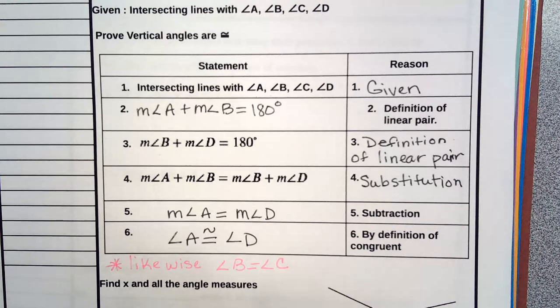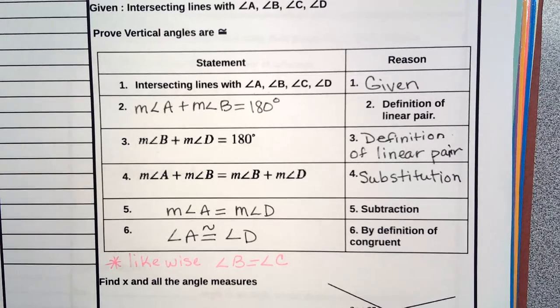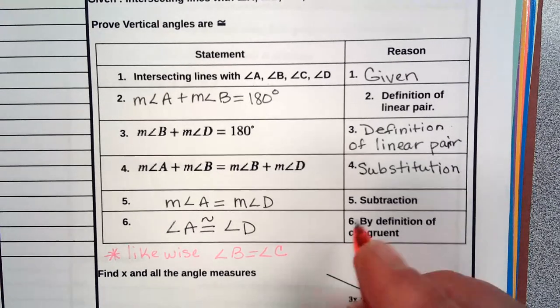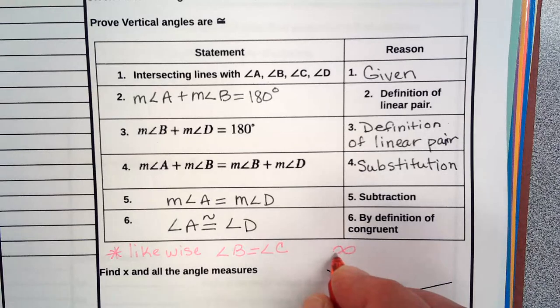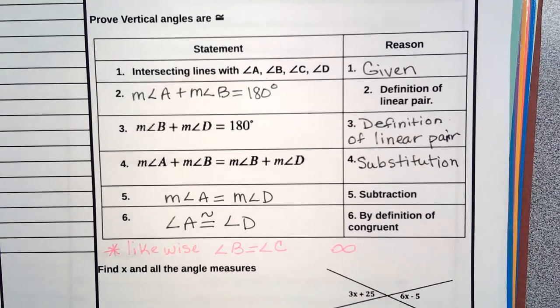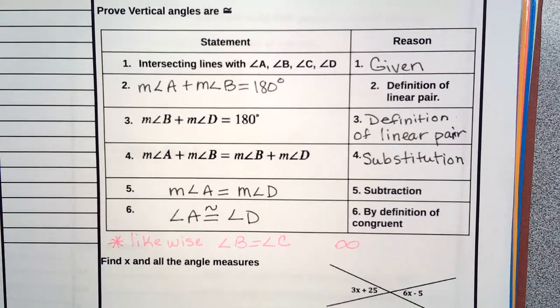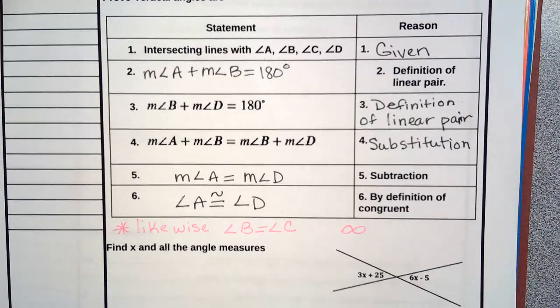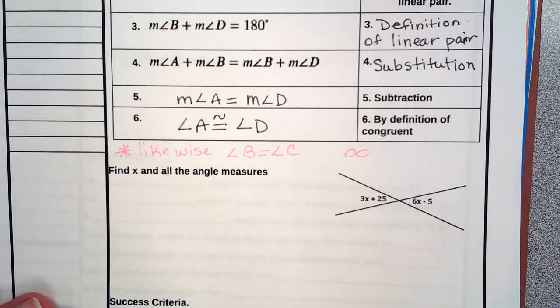Or we can just say likewise for angle B will be congruent to angle C. I'm going to use the infinity sign to tell my reader I am done. That is it.